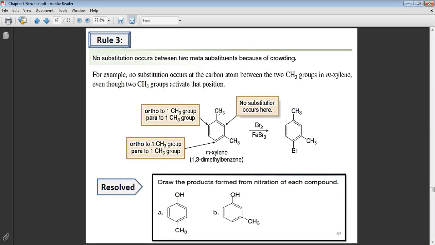There is no substitution between two meta groups.